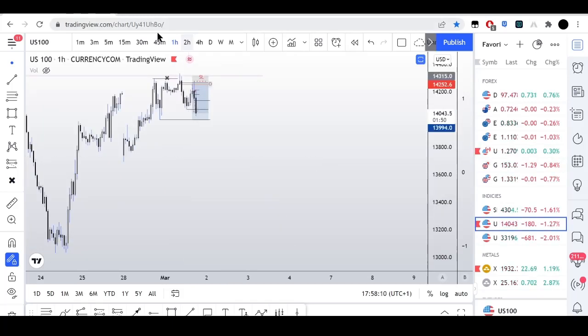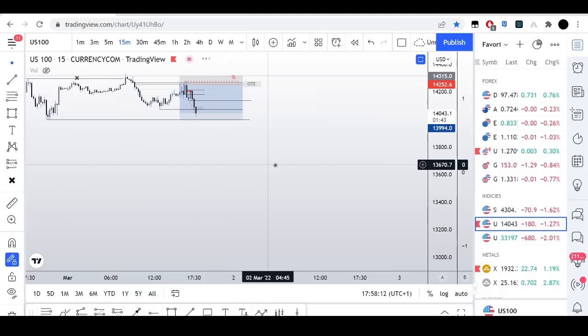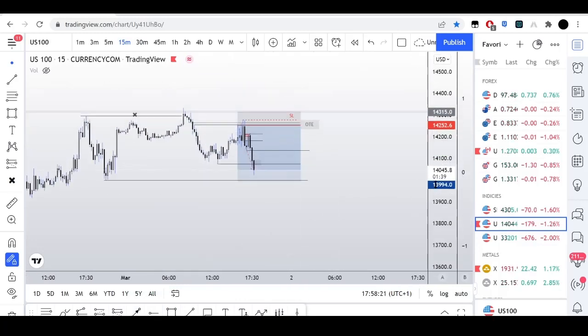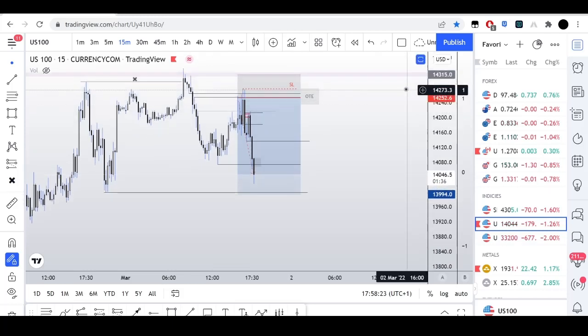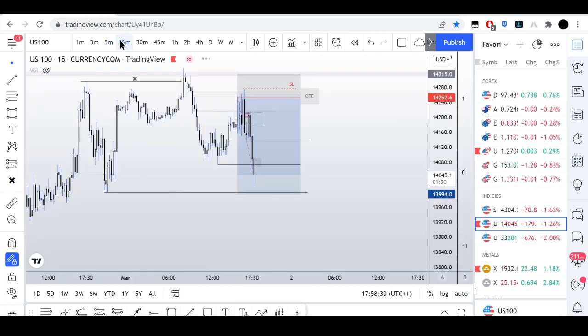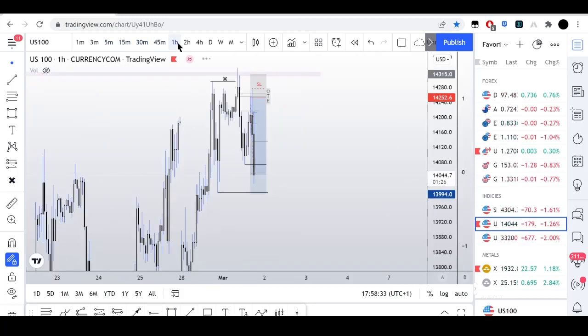All right, so looking back at US100, we got 1 minute left for this 15-minute candle to close. I don't want to see much of a sharp rejection. I wanted to see this hourly candle just get down into this.